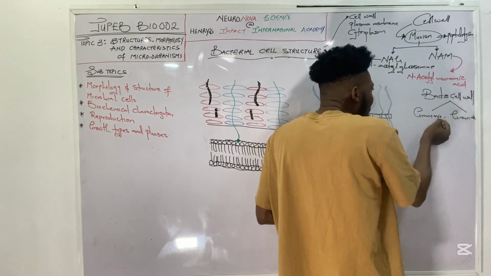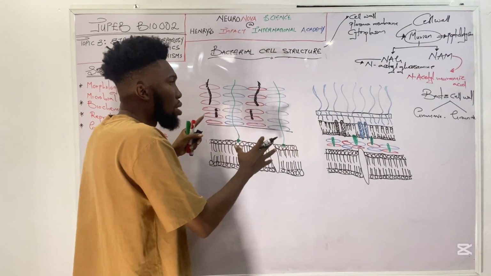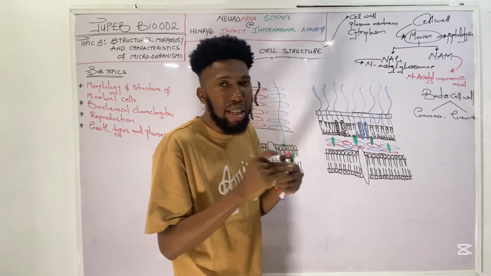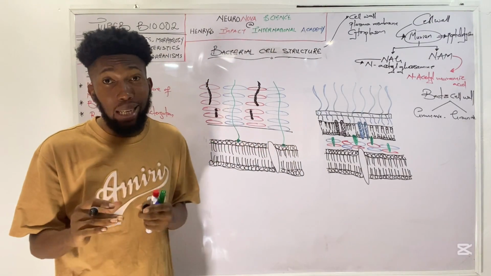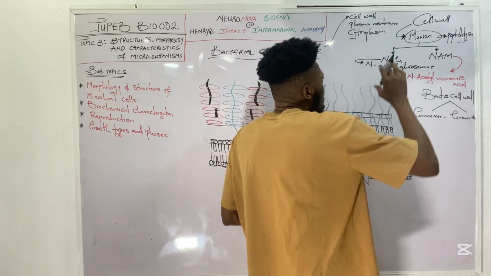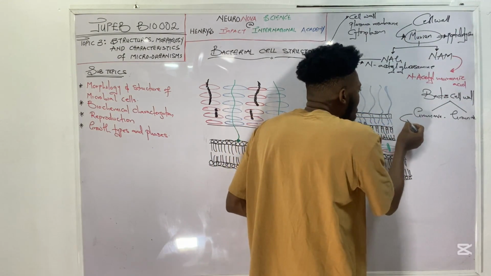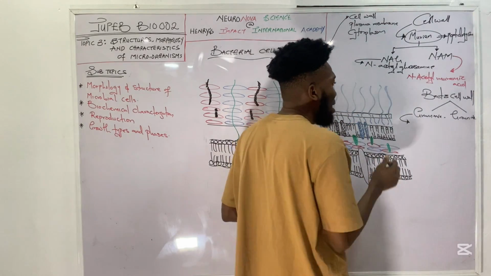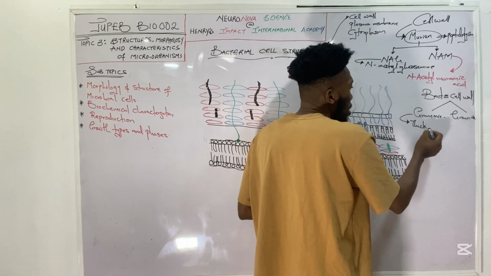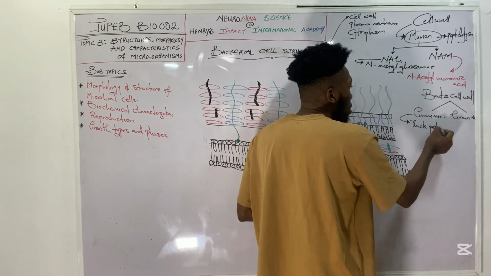Before we describe the staining technique, I want us to appreciate this diagram here, because the diagram will shed a lot of light on understanding the principle of this gram staining technique, which they can ask you in your exams. Alright, good. These gram-positive bacteria, on a very simple note, are the bacteria that have thick peptidoglycan.